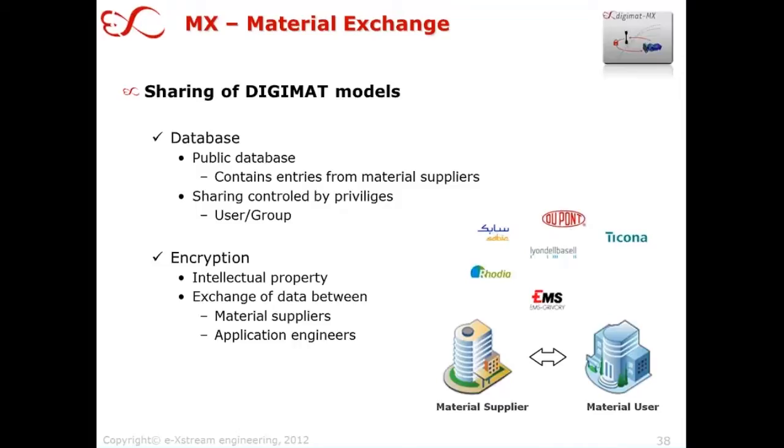And it's enhanced by encryption technology. So if you imagine a material supplier wants to share his DIGIMAT model with you, of course there is a lot of knowledge in this model, and he wants to be safe about the intellectual property behind this material model, and then we can encrypt the model. This way, material suppliers and application engineers exchange encrypted DIGIMAT material models, so the application engineer uses the DIGIMAT model basically as a black box. And all this technology I have talked about you find in DIGIMAT MX.